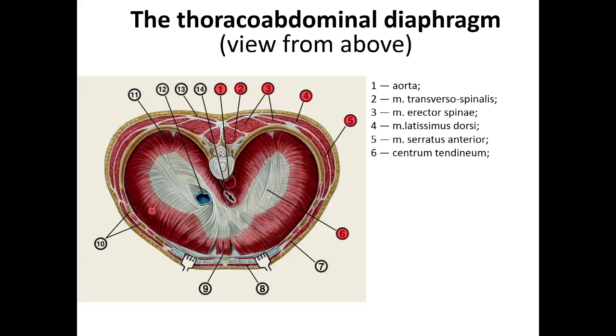So here we can find the heart, and then number 7 is musculus obliquus abdominis externus. Here it is, musculus obliquus abdominis externus.